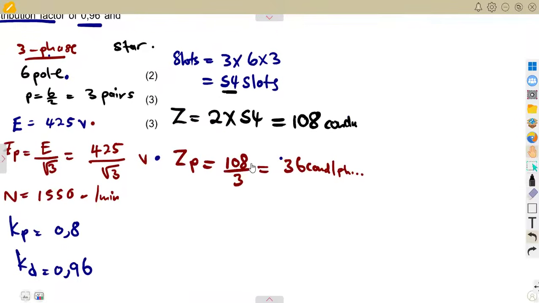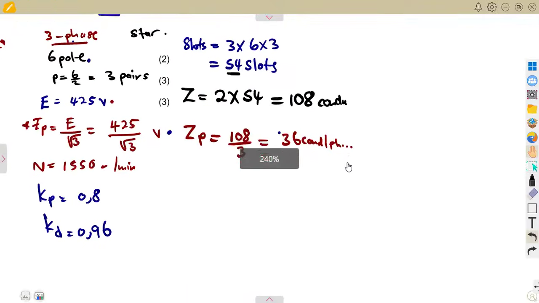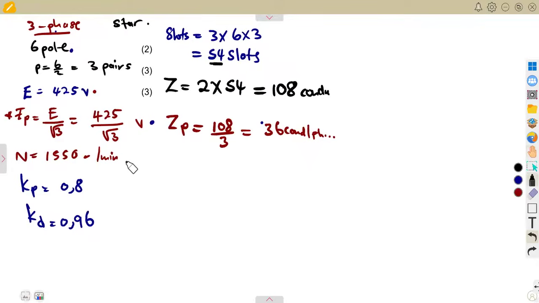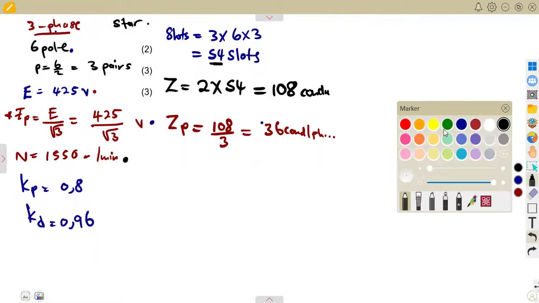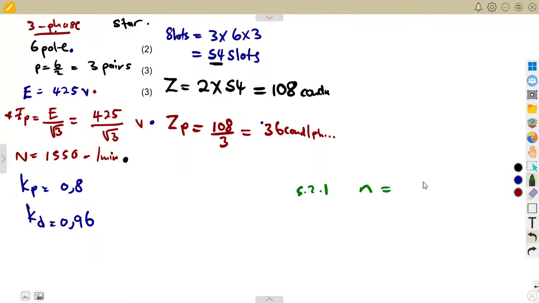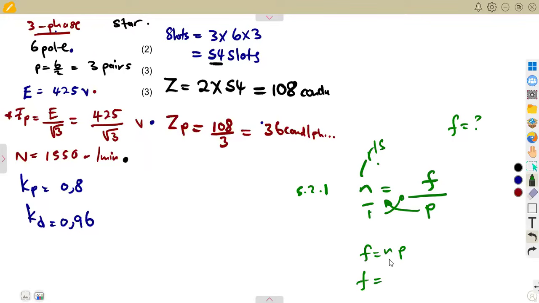There is a relationship that you're going to take from the synchronous speed, because you are given the speed. The synchronous speed in revs per second is equal to the frequency over the pairs of poles. So the question is, can we calculate frequency from here? Yes, because we've got the pairs of poles. Over 1, just cross multiply. So frequency is equal to N times P. Remember the N is a small letter, in revs per second.